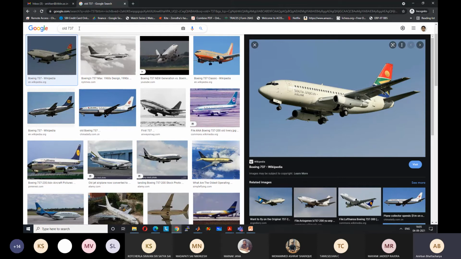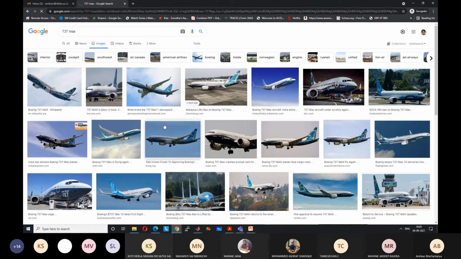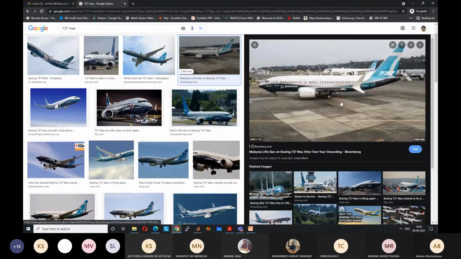So 737 Max, if you see, the engine is moved forward. You can see it is not below the aircraft wing. It is moved much forward so that it can be accommodated. Still, it is very low near the ground, but it is moved forward so that it can be accommodated.